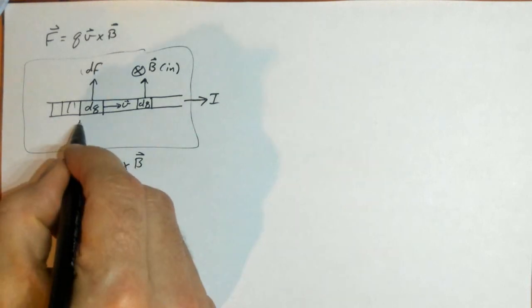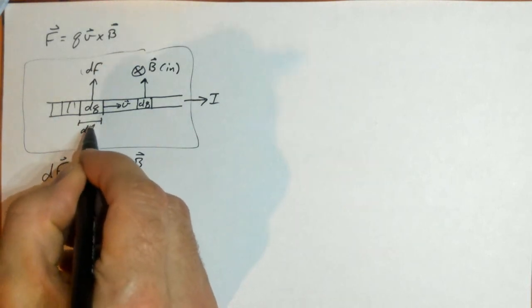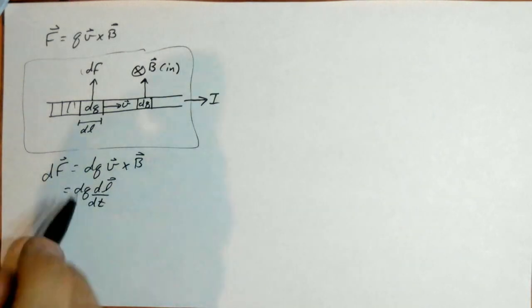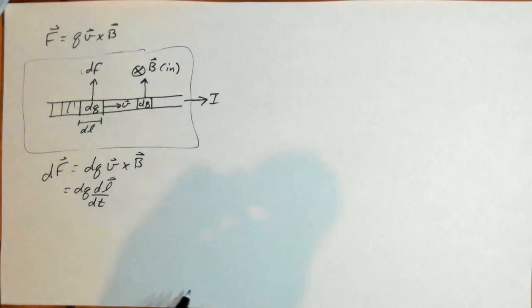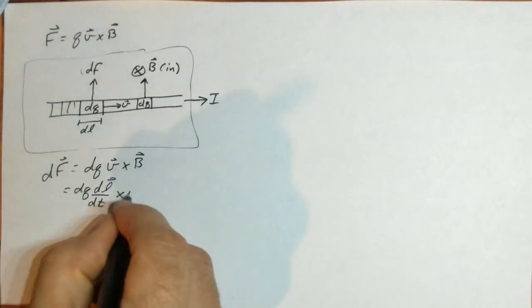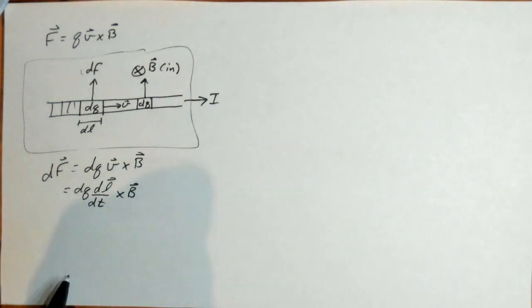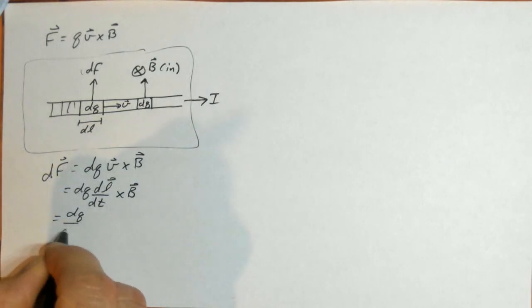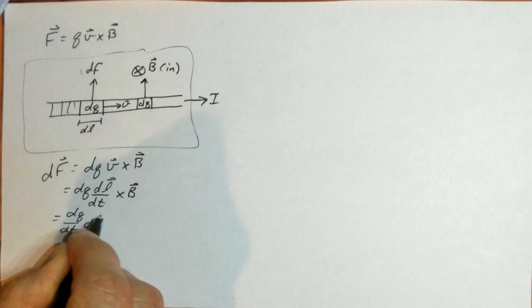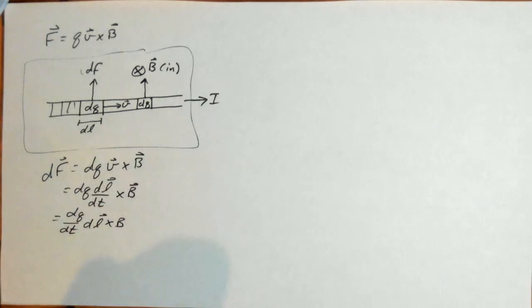If I say that this little piece of charge has a length dl, I'm going to put a vector over it indicating that it's got a direction. dl is pointed that way, cross B. Well, I can just move this dt over, and I can say that's dq over dt times dl cross B. But what is dq over dt? That is our current. That's the definition of current.